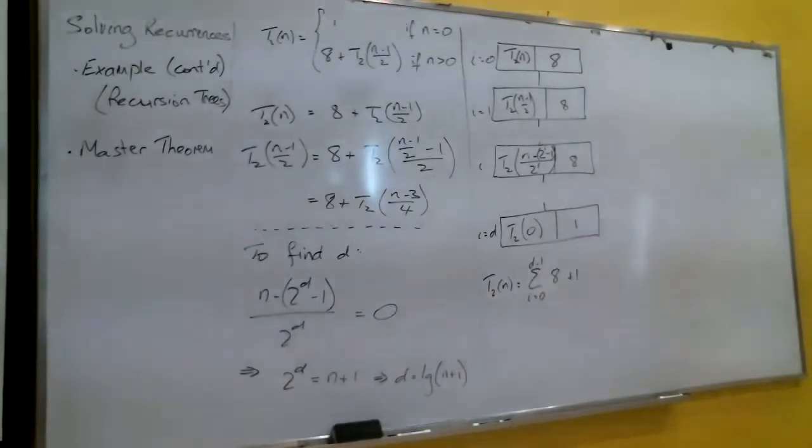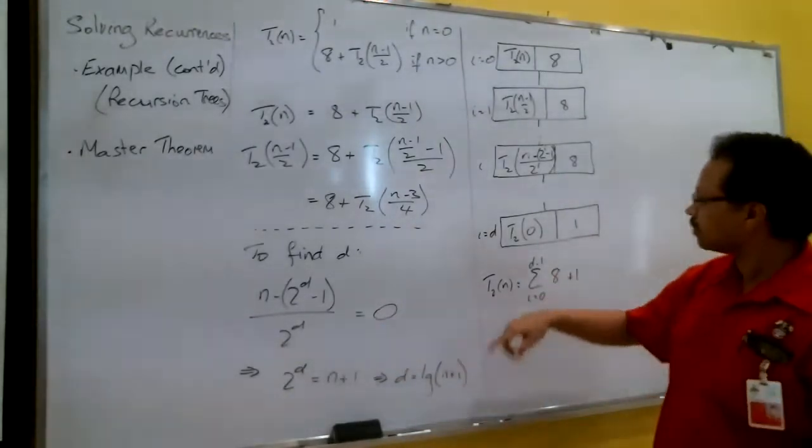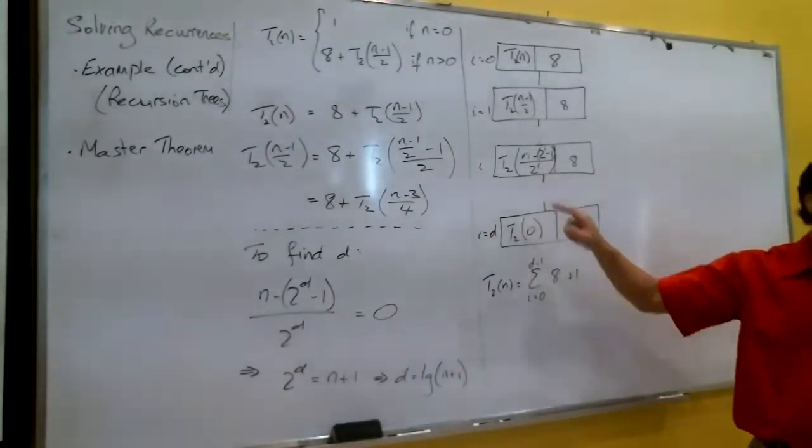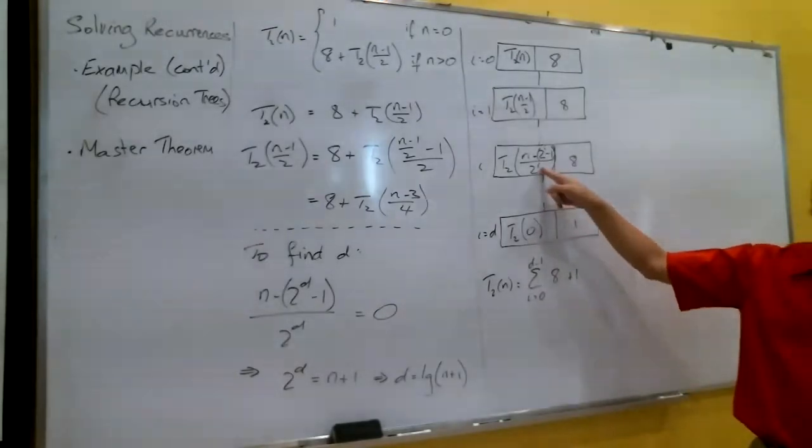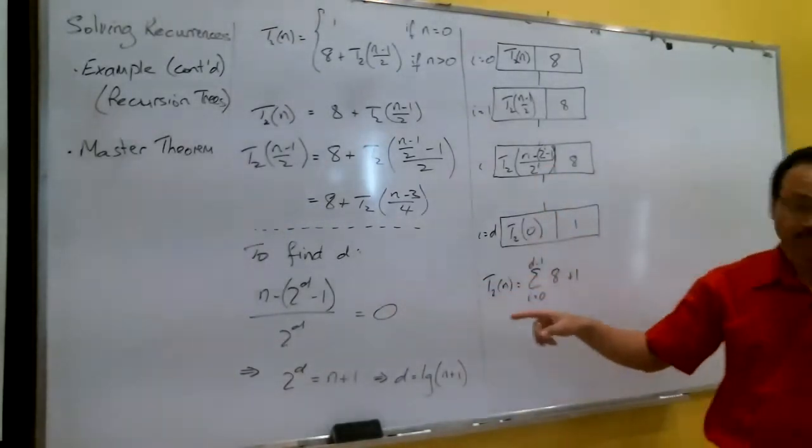You're wondering what is that expression there, divided by 2 to the D? It comes from here. Plug I equal D. That was a general term.